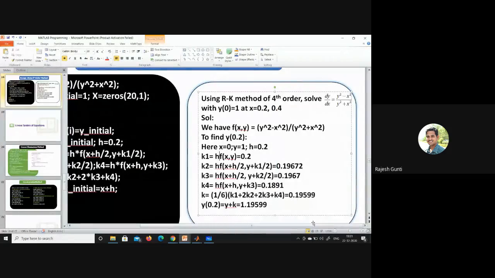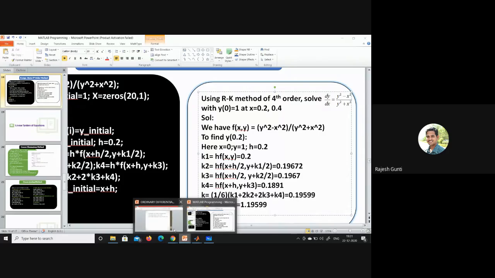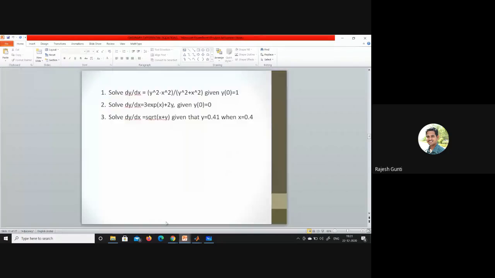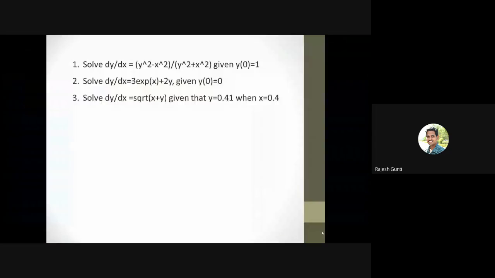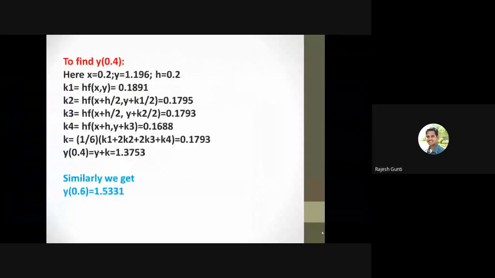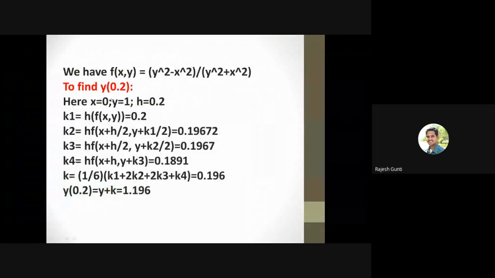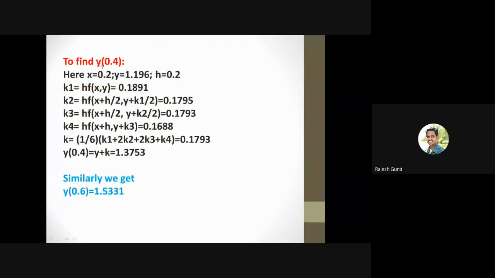So how to write? Try to concentrate on this one. This is exactly one program. Here I explain, here I wrote everything. To find y of 0.2 is equal to 1.16196. Next, to find y of 0.4, x is equal to 0.2, y is the previous value, h is equal to 0.2.